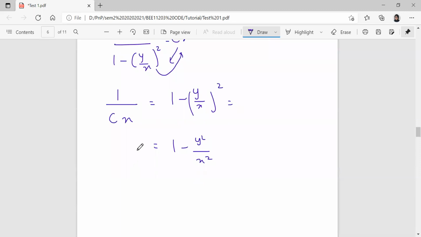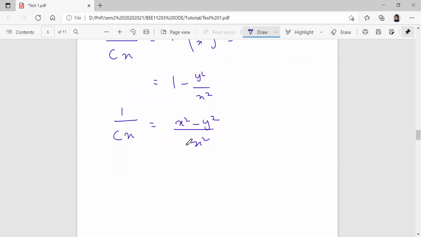So you just play around with this. What we have here is 1 over c x equals x square minus y square, and x you bring to this side, so x square divided by c x equals x square minus y square.